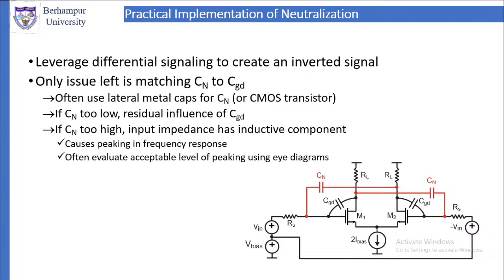People use metallic capacitors. That is very good. If Cn is too low, there will be residual influence of CGD. If Cn is too high, input impedance becomes inductive. So these are the two drawbacks. Okay, next.